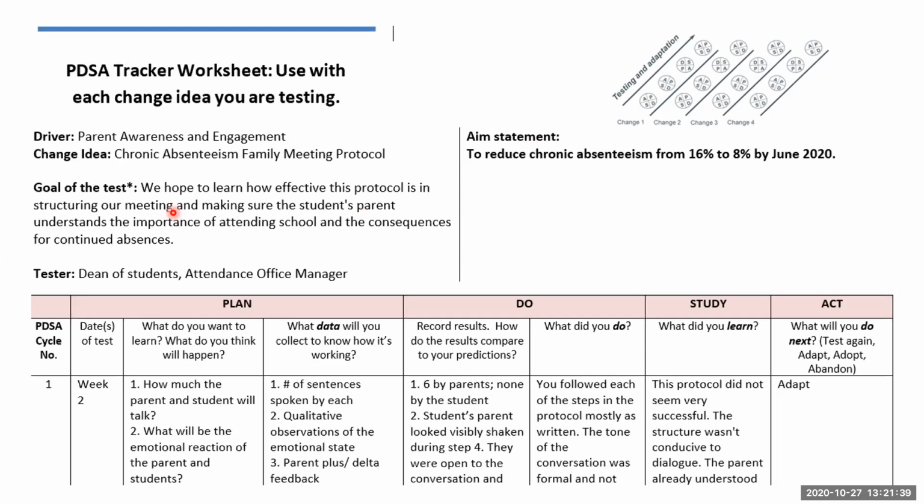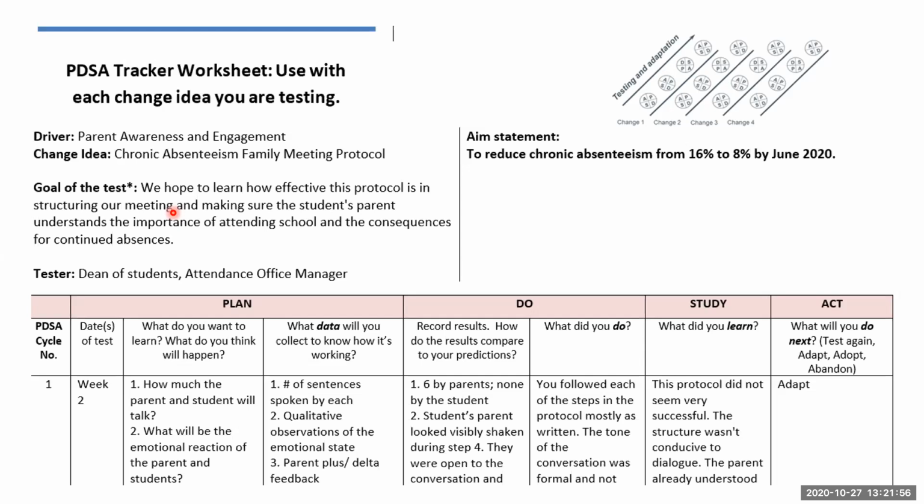So this is where you think about what are you trying to do with this change idea? And so in this case, they want to know, is this effective for structuring a meeting? Does it help the parent better understand the importance of attending school and the consequences for continued absences?